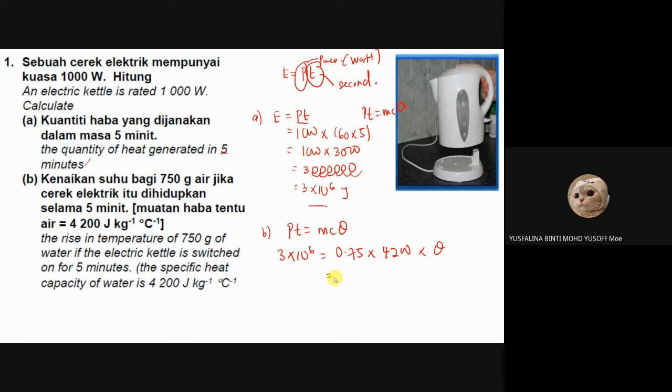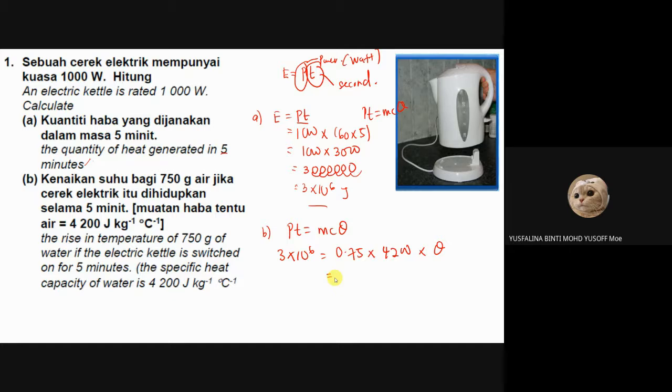Okay, so let me find my calculator. 0.75 times 4,200, and then 3 exponent 6 divided by... Wait for a moment. So what is the temperature? Wait, 1000 times 300, right? Oh my god.